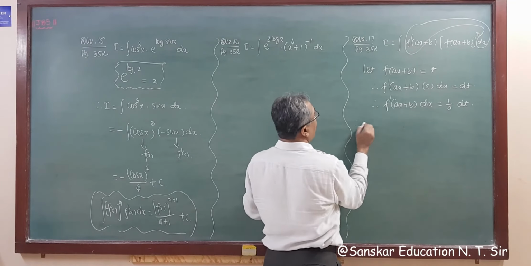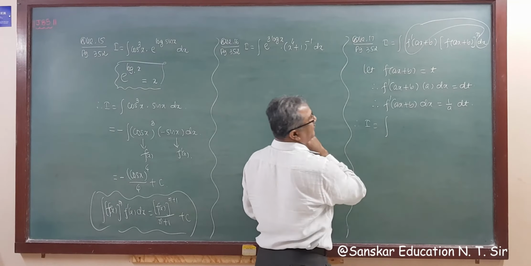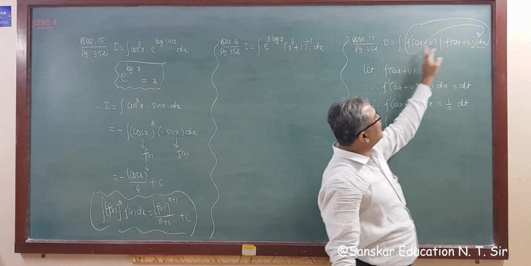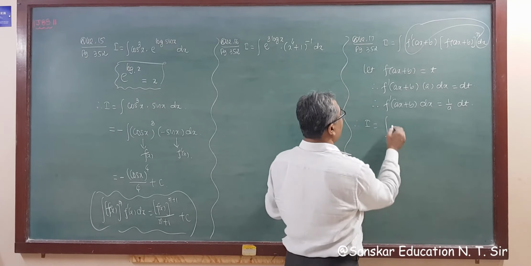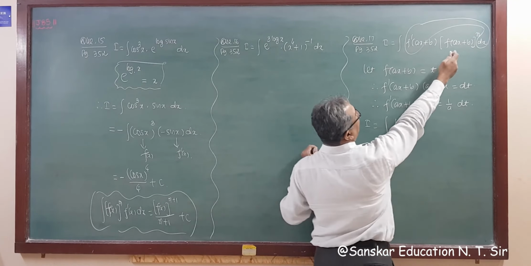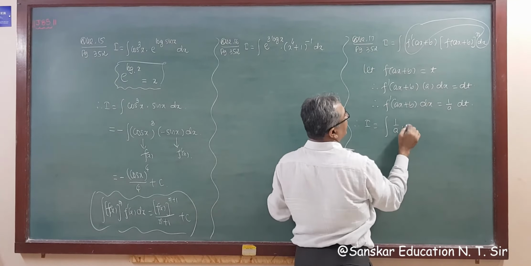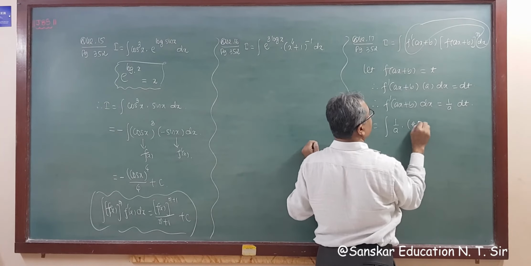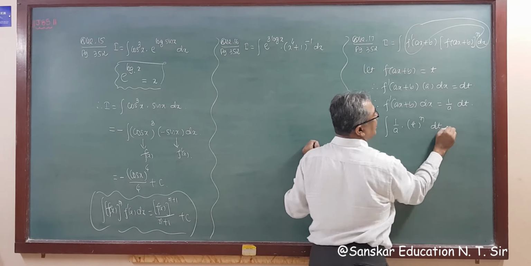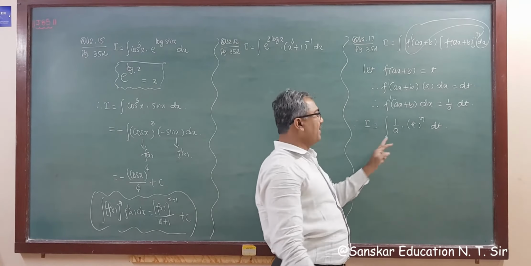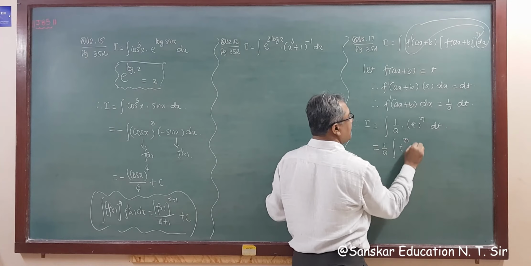So what is your I? I is equal to integration f dash x dx is 1 upon a dt. So this is 1 upon a, and f of ax plus b is t, so this is t raised to n dt. Here 1 upon a is constant, so taking 1 upon a common, this is t raised to n dt.